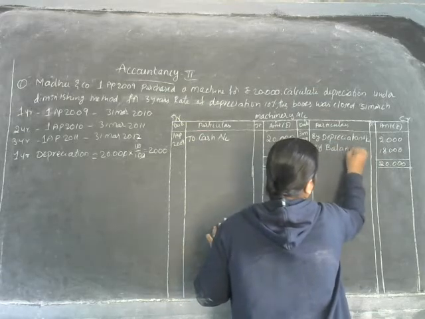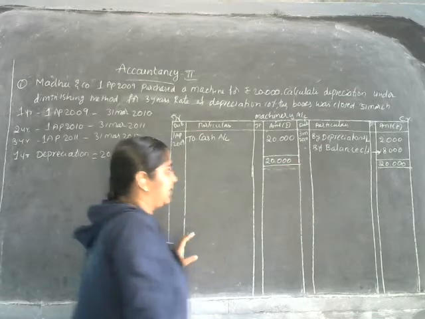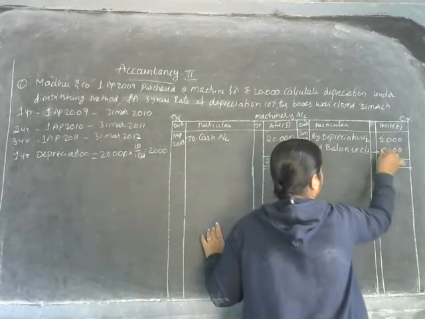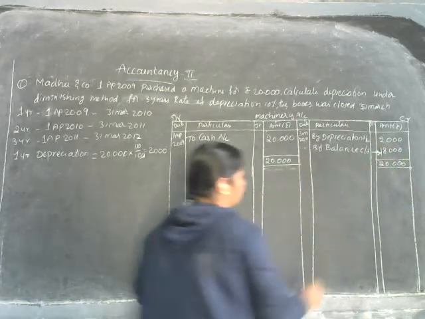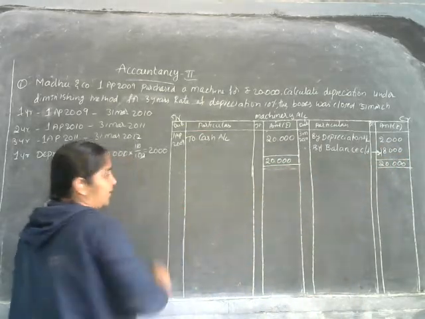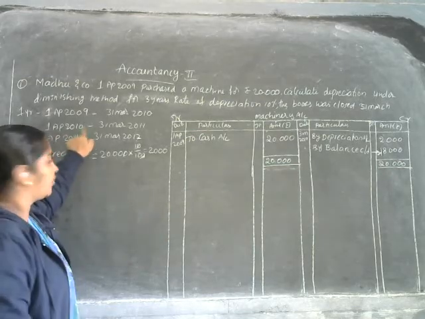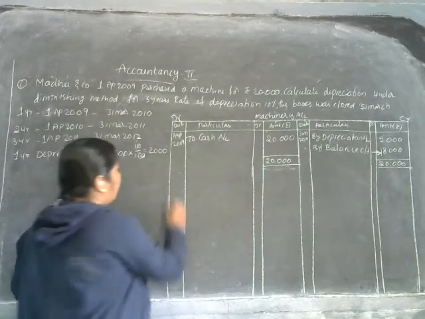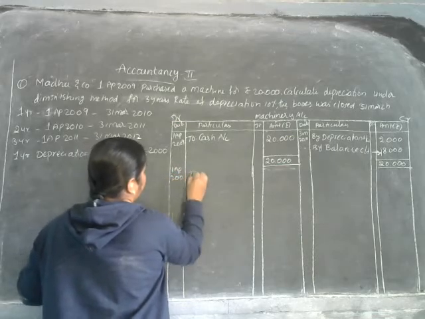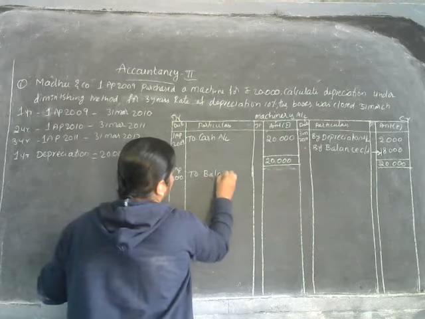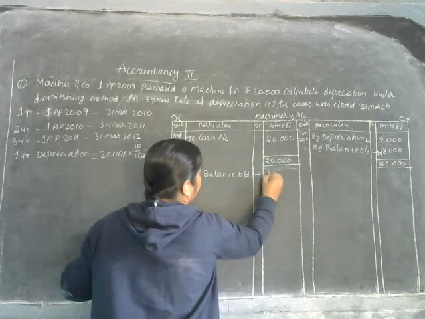Balance carried down, again brought on to the next year, 18,000 only. Second year. What is the second year? 1st April 2010. Right here, to balance brought down.